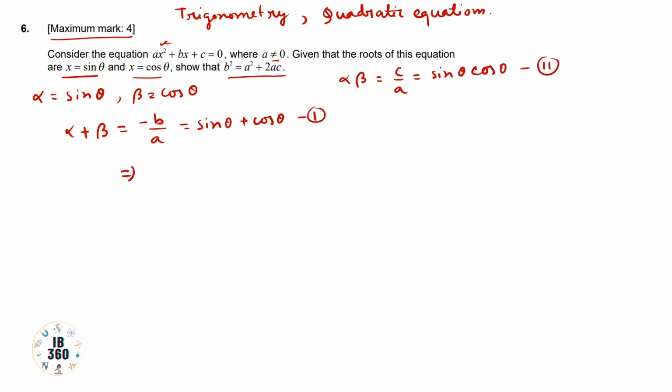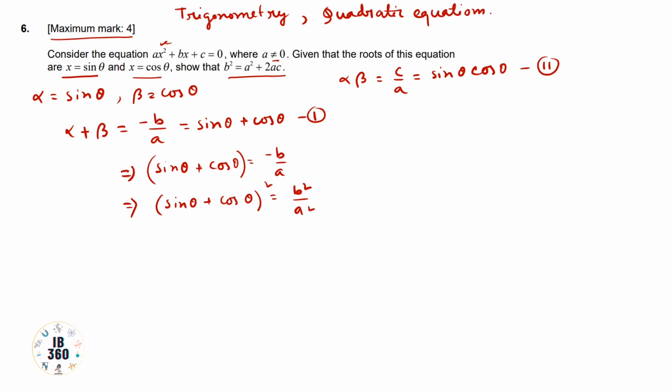So from here we get sine theta plus cos theta equals minus b by a. If we square this, sine theta plus cos theta whole square equals b square by a square.